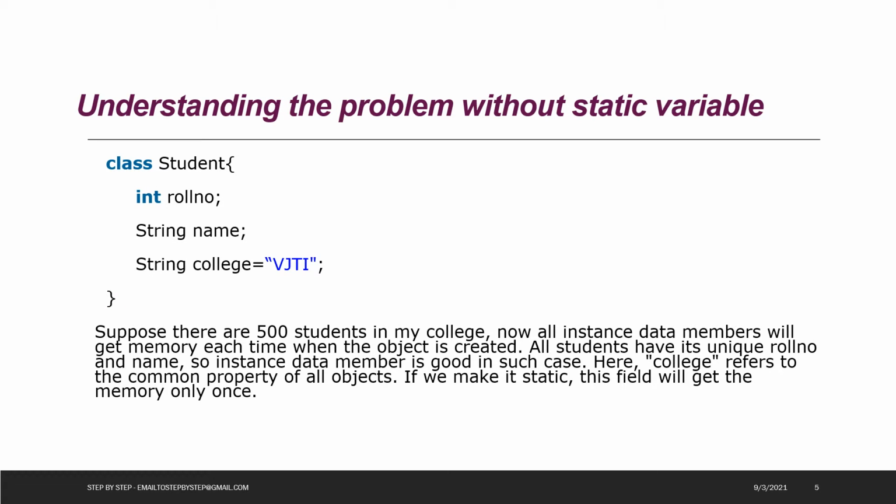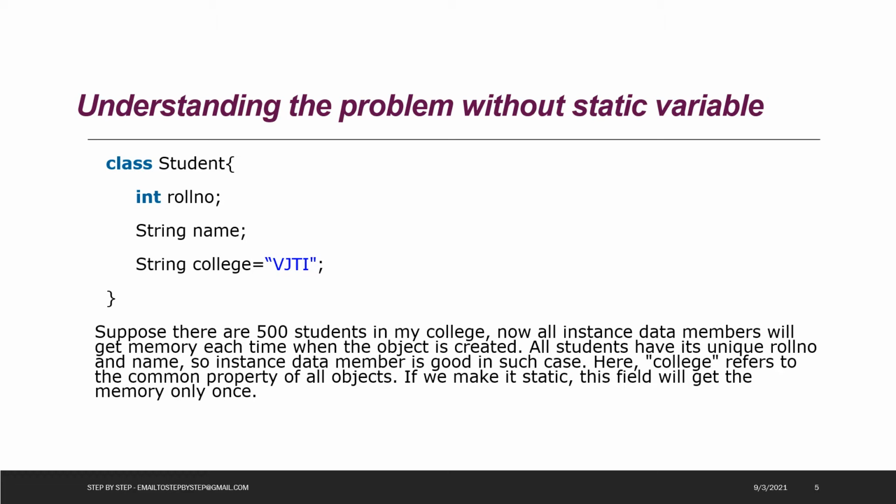Now let's understand what will happen if we don't have a static variable. In this example we are taking a college which has, let's say, 500 students. We need to store the data of the student, let's say roll number, name, email id, date of birth, etc., and finally the college name.